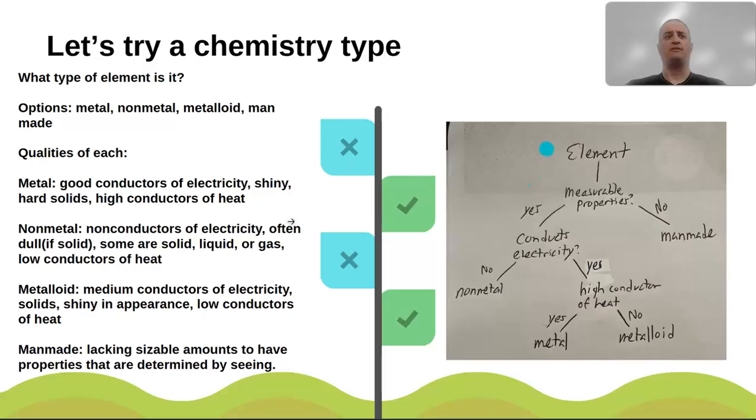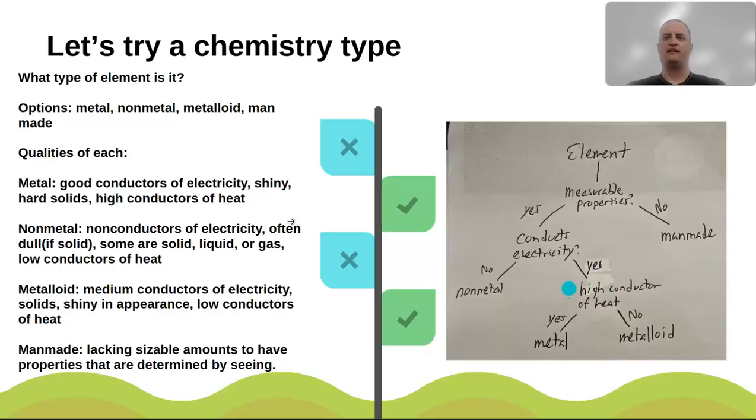So we're starting off with the element, right? So does it have measurable properties? If it doesn't, it's got to be man-made. If it does, I continue on with a further question. Does it conduct electricity? I see that nonmetals do not, so that would separate that out by itself. If it does, I have to continue going with my remaining choices.